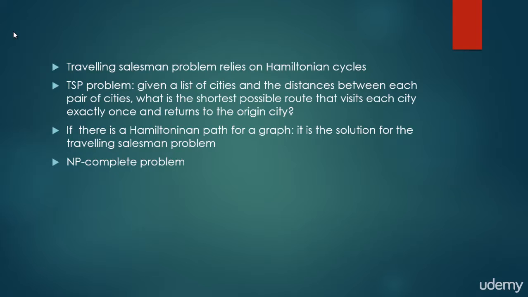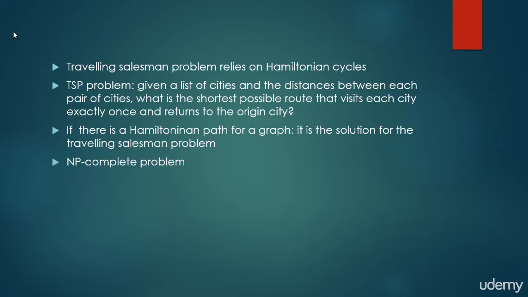And we can come to the conclusion that if there is a Hamiltonian cycle for a graph, because we want to get back to where we started, it is the solution for the traveling salesman problem. So if we can get the Hamiltonian cycle, then we get the solution of this traveling salesman problem.